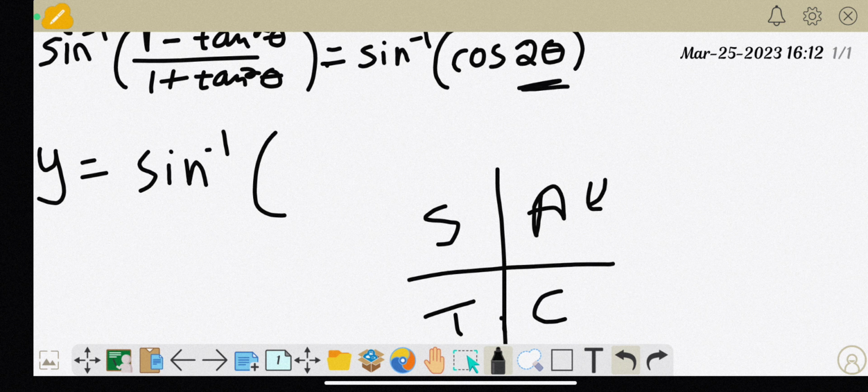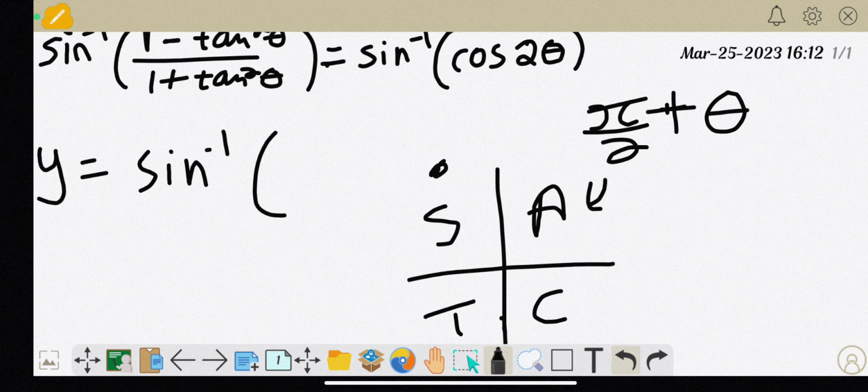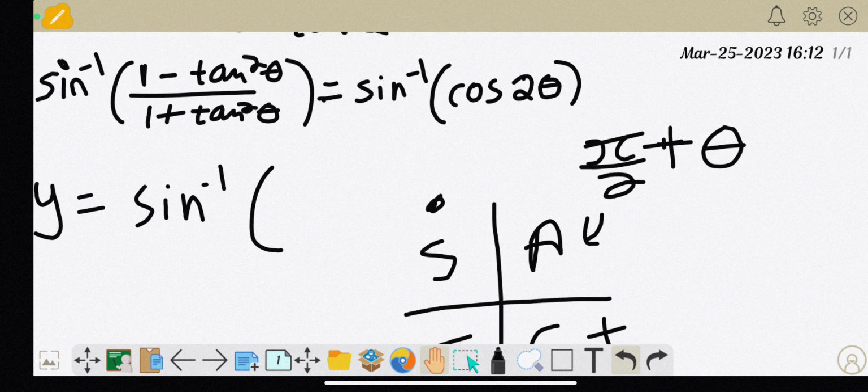This value is already in the first quadrant. If you write 90 plus 2 theta, the value will be negative, correct? If you use minus, then the cos term will be positive, correct? So it will not alter our function.